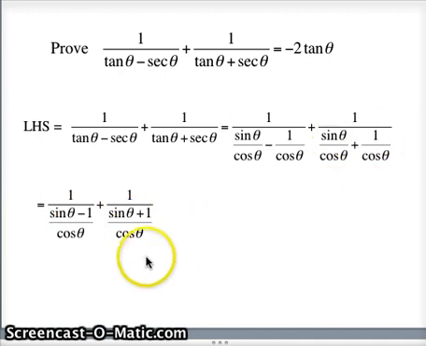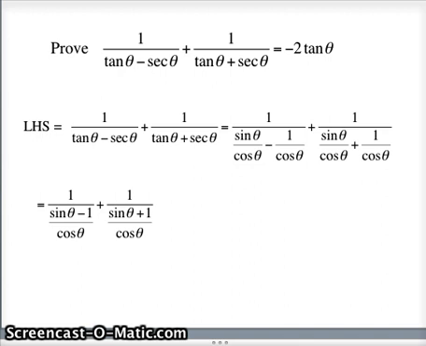Sine theta plus 1 over cos theta here. 1 divided by sine theta minus 1 over cos theta. A fraction 1 over 1 divided by this fraction will require us to invert and multiply. That would be 1 times cos theta over sine theta minus 1. Similarly, 1 times invert and multiply cos theta over sine theta plus 1.